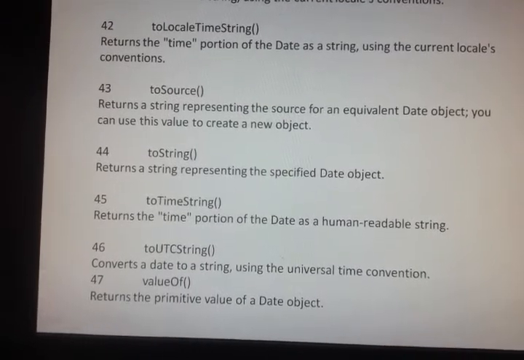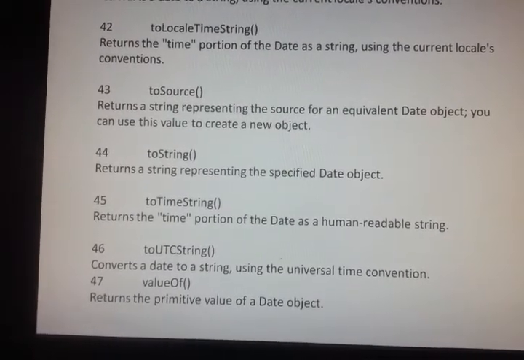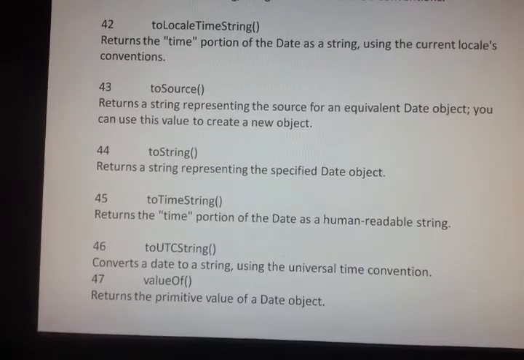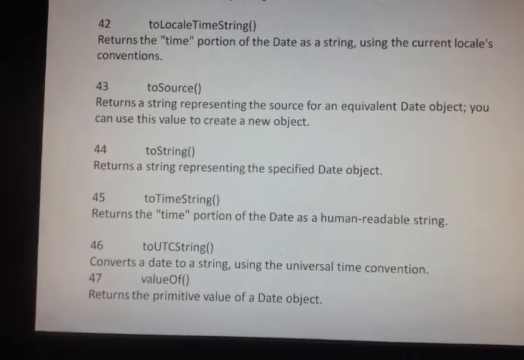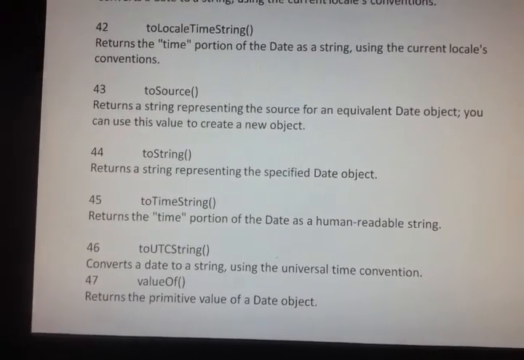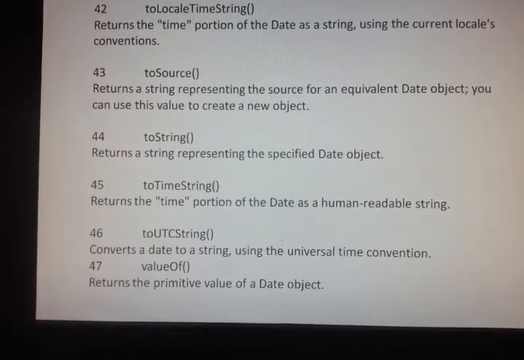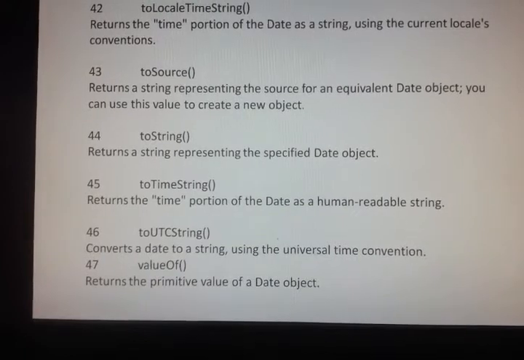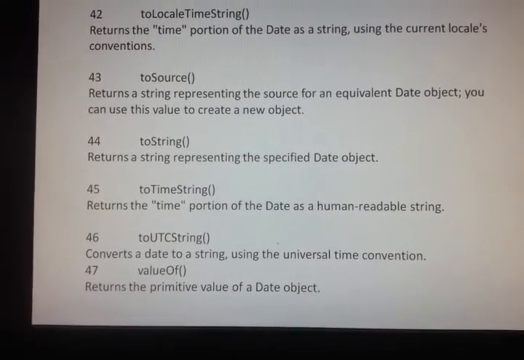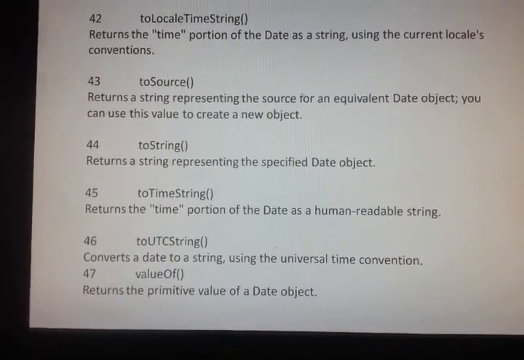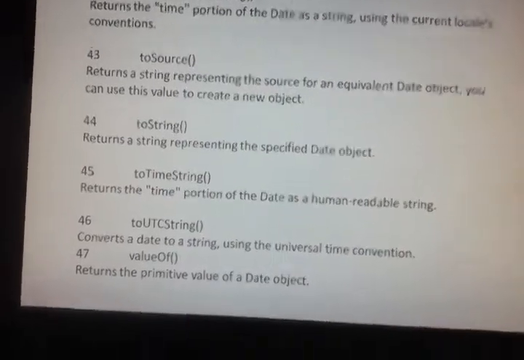Next, toUTCString method. It converts a date to a string using the universal time conversion. The last method is valueOf method. It returns the primitive value of a date object.